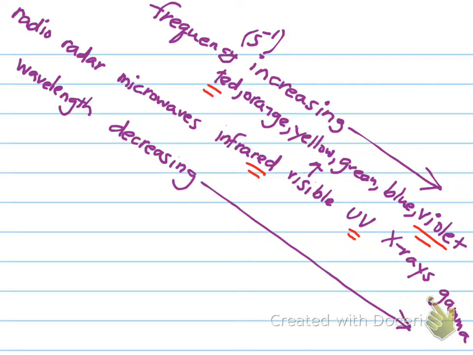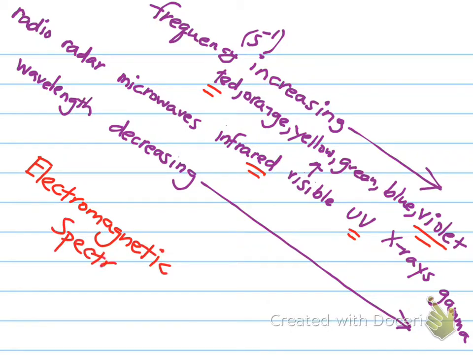So this is that electromagnetic spectrum, all of these different forms of electromagnetic radiation in order of increasing frequency and in order of decreasing wavelength.